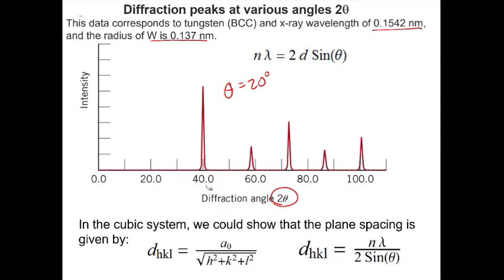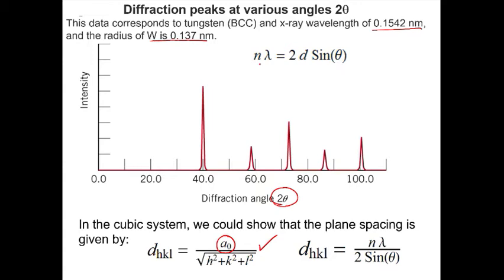We're going to look at this first peak, theta equal 20 degrees. Two more pieces of information we need: in the cubic system, the plane spacing is given by this equation, where a is the cube edge length, and h, k, l are the Miller indices, for example, 110.